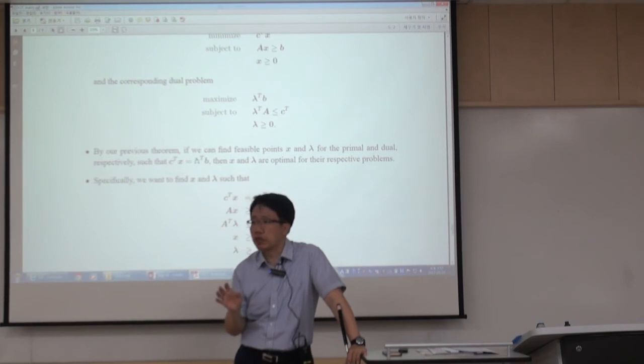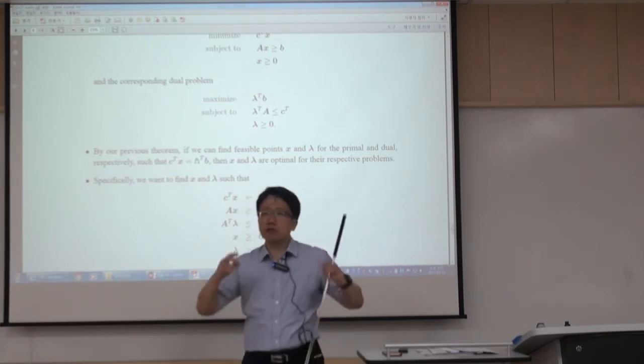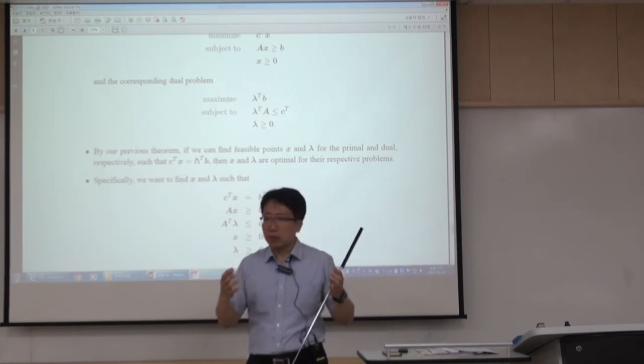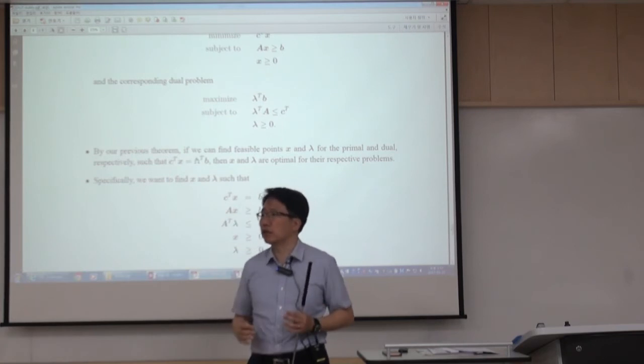KKT conditions, then in your convex optimization problem, you have the optimality. Am I right? And the linear programming problem, if the solution exists, is a convex optimization problem. So you just need to find x and lambda and nu, possibly, that satisfy some equalities and inequalities.